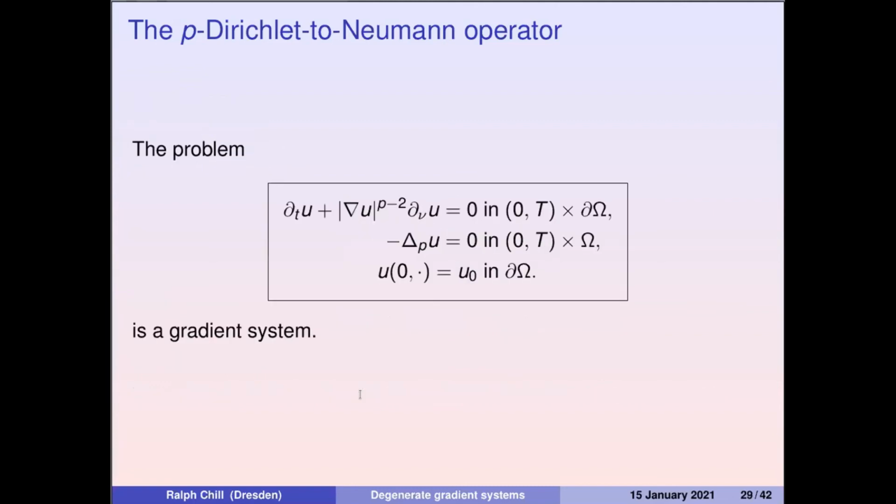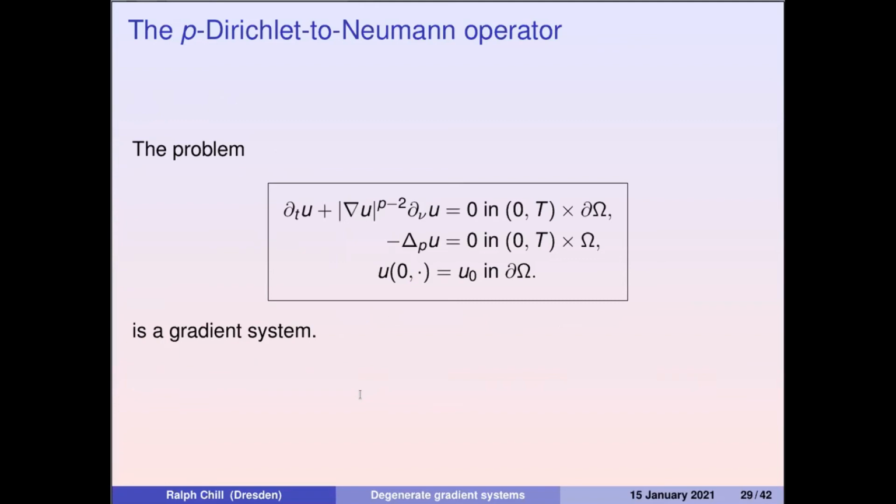And therefore, the system here is a gradient system. But I don't describe the energy on L2 of the boundary, but I use the more classical theory, energy defined inside of omega, or on functions which are defined on omega.